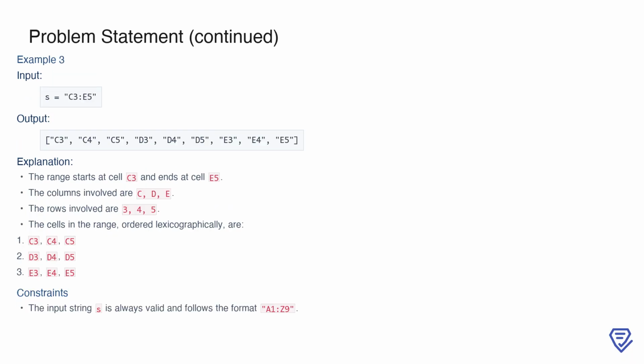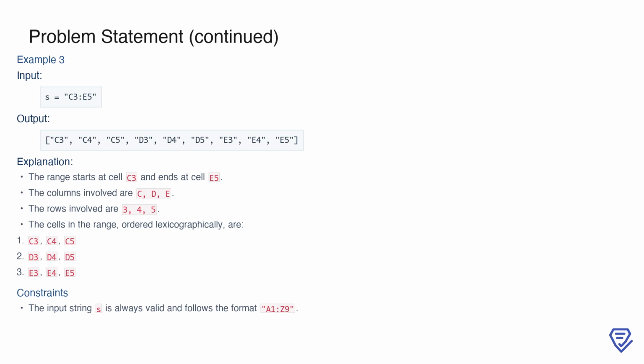Next, in example 3, the input string is S equals C3:E5. The range starts at cell C3 and ends at cell E5. This means the columns involved are C, D, and E, while the rows are 3, 4, and 5. To generate the output, we list all cells column by column. For column C, we include rows 3, 4, and 5, resulting in C3, C4, and C5.